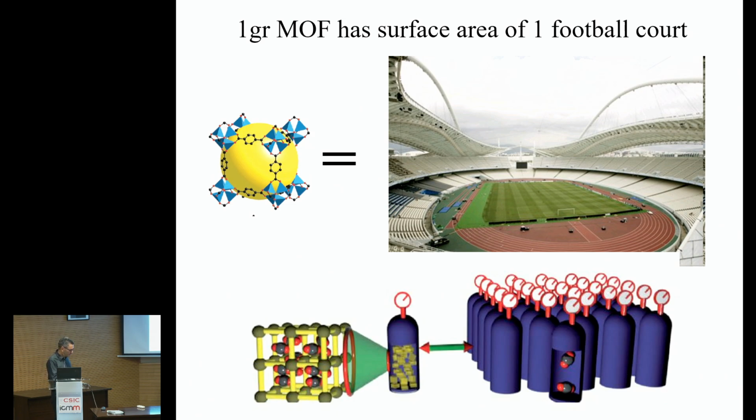If, for example, you fill up a tank with this material, then like a sponge, it can attract gases and accommodate more gas than an empty tank. So these are very important applications, but they can also be used in catalysis, and in many other areas, also in biological systems for drug delivery, etc.